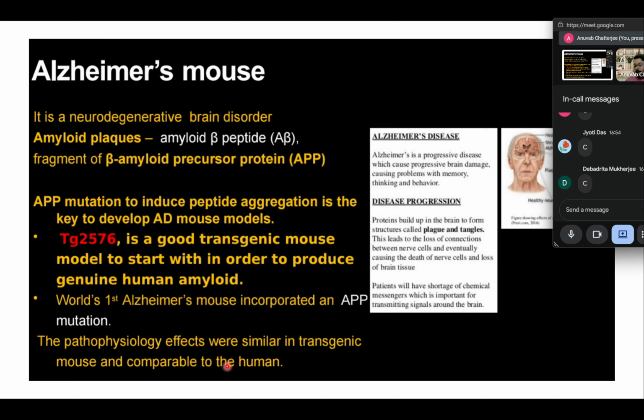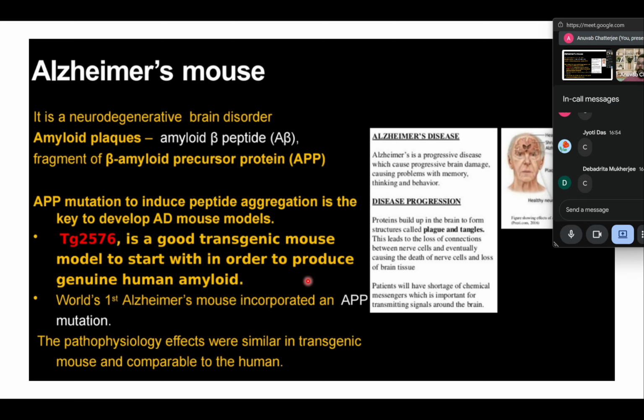So any drugs that you make against Alzheimer's in the mouse probably work on humans, as well as any discoveries you make in the pathway of the pathophysiology of the disease should also be translated to humans, and that is why you study it in mouse, which is easier to study, cheaper, and you don't have to pass a lot of hoops to do it, and you then translate the findings to humans. And that is why these kind of mouse models are very, very important.